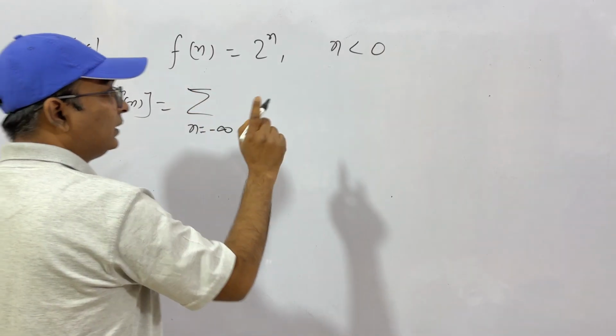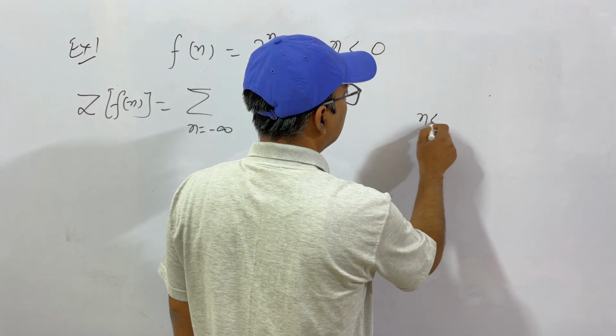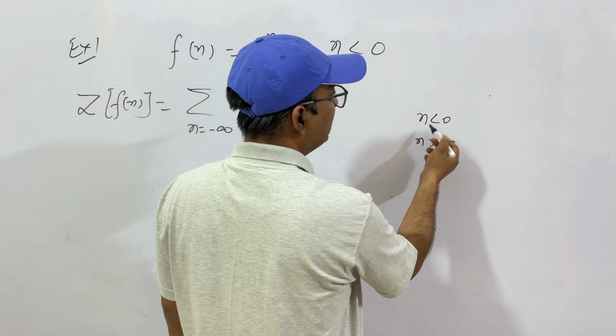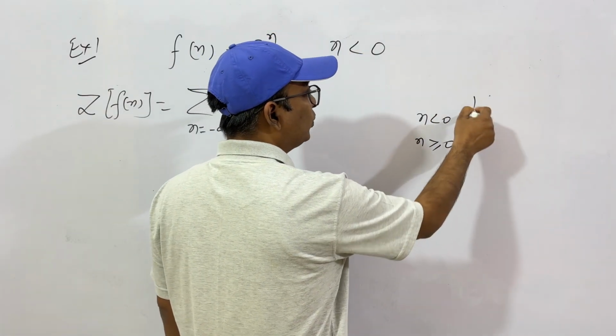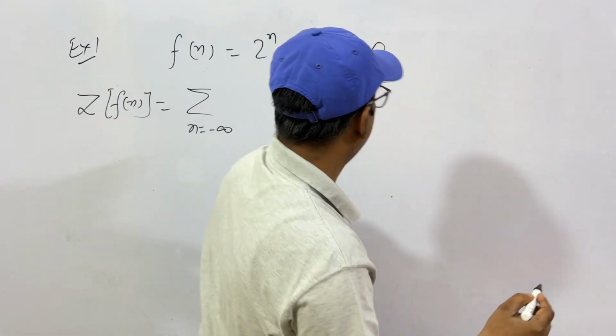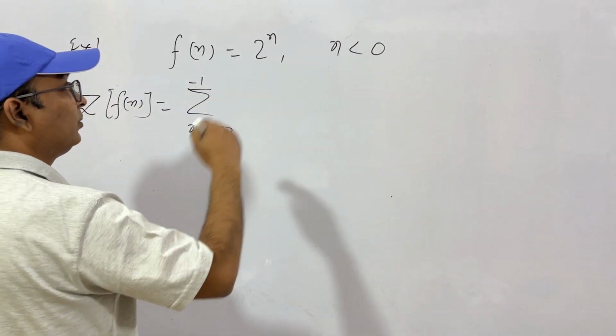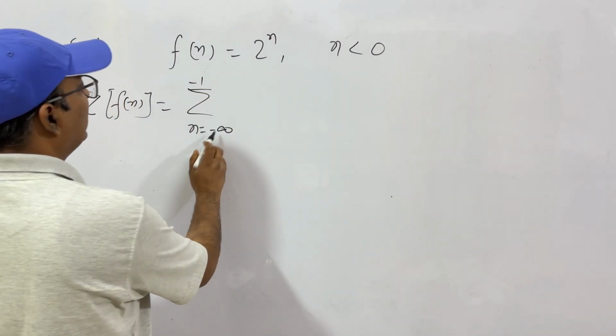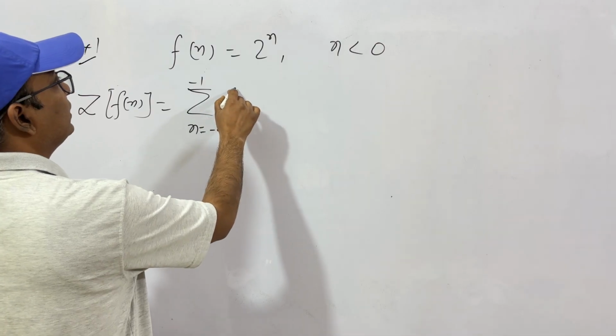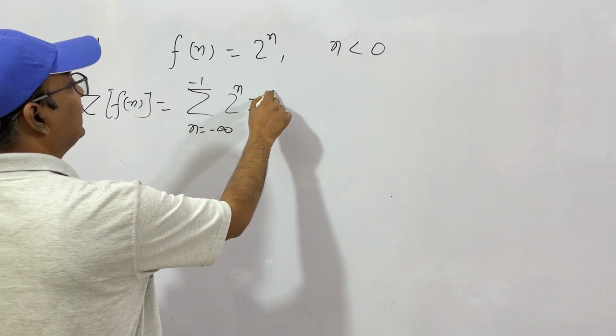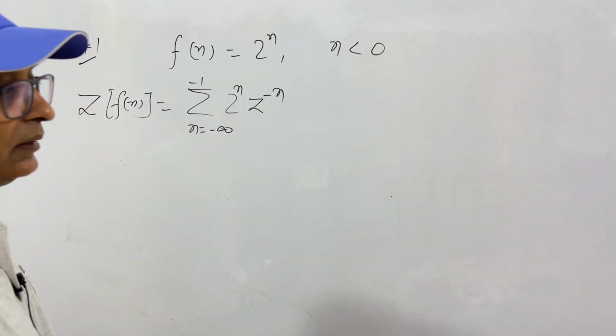No. In a discrete system, we use n less than 0 and n greater than or equal to 0. In discrete, n less than 0 starts from minus 1. So it will be minus infinity to minus 1, because the next is 0, which is for the right side. So the sum from n equal to minus infinity to minus 1 of 2 to the power n z to the power minus n. We have to find this summation.